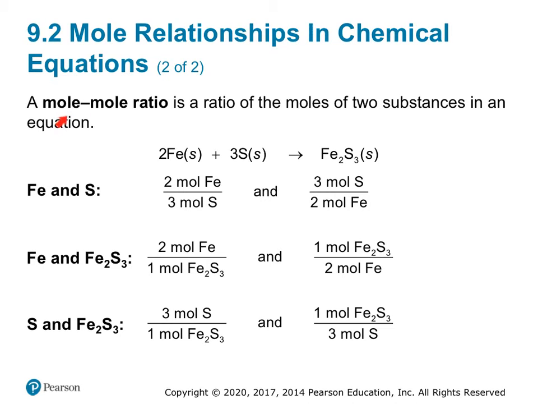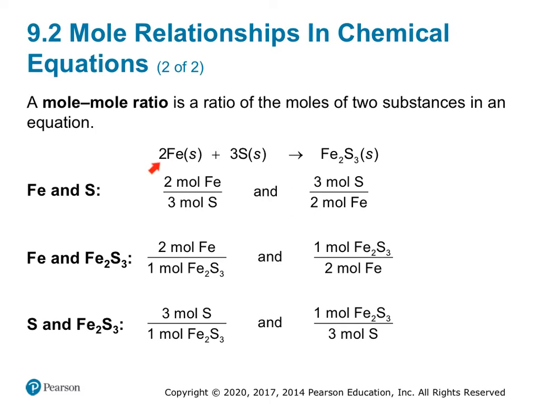A mole to mole ratio or a mole to mole factor is a ratio or a conversion factor of the moles of the two substances in an equation. So if I'm looking at iron and sulfur, I could set up two conversion factors, two ratios, saying that 2 moles of iron react with 3 moles of sulfur, or we could say 3 moles of sulfur react with 2 moles of iron.